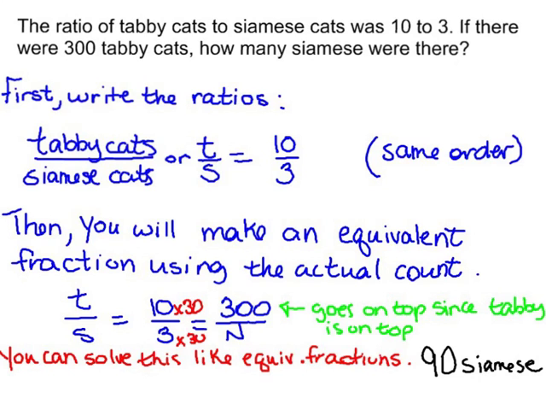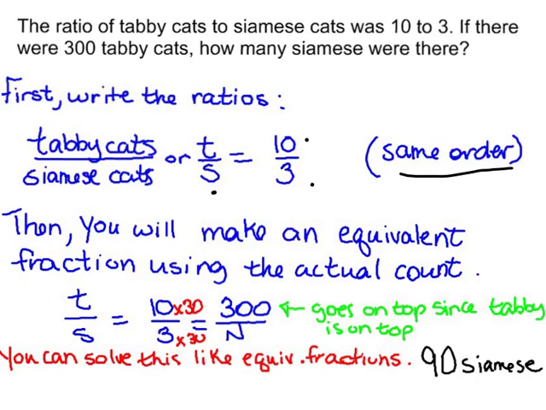Alright, look at this one. The ratio of tabby cats to Siamese cats was 10 to 3. If there were 300 tabby cats, how many Siamese were there? So tabby cats will represent as T. There are 10 of those. And Siamese, or S cats, there are 3 of those.